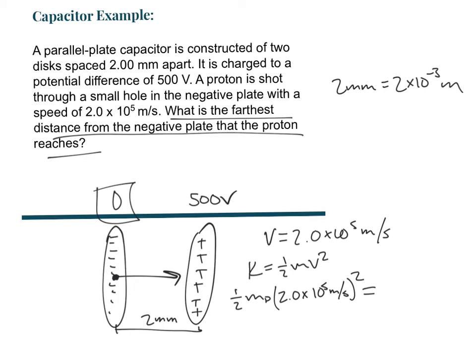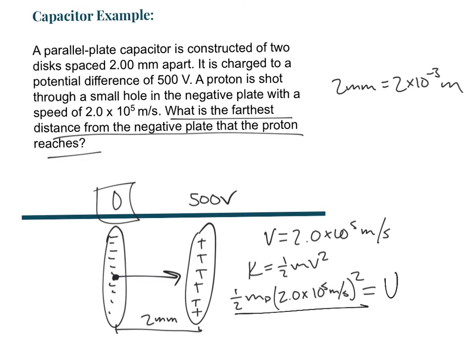And then at its furthest point, that's going to be right where it stops. The kinetic energy is going to be 0, and it's going to have 100% potential energy. So this 1/2 mv squared is going to be equal to the potential energy of the charge at its highest point. So that's equal to U. Now we know that if you divide U by the charge of the particle, you get the potential.